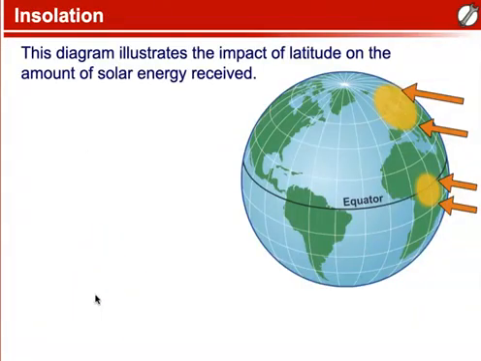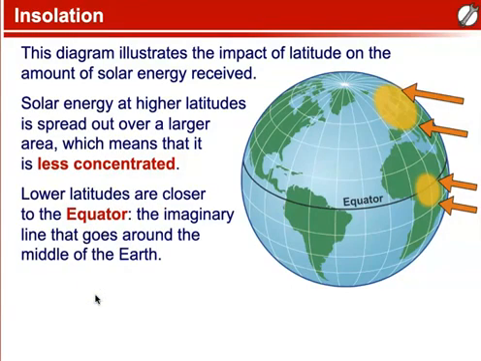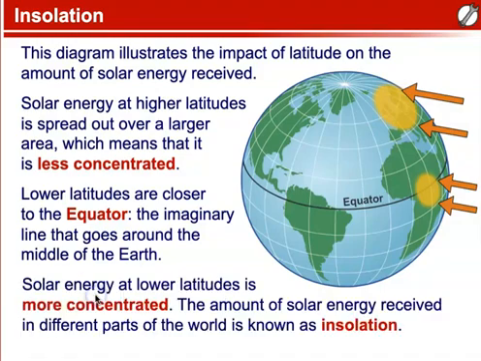Insolation. This diagram illustrates the impact of latitude on the amount of solar energy received. Solar energy at higher latitudes is spread out over a larger area, which means that it is less concentrated. Lower latitudes are closer to the equator. Recall that the equator is the imaginary line that goes around the middle of our planet.